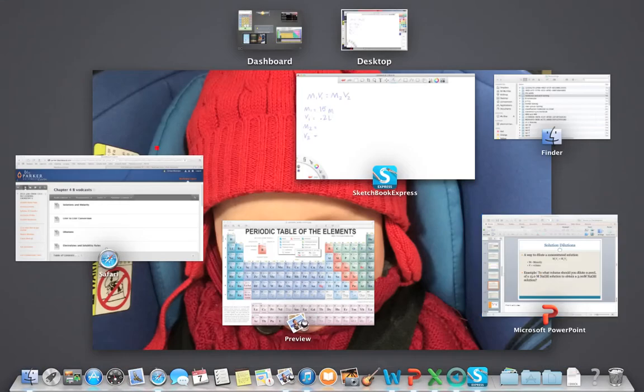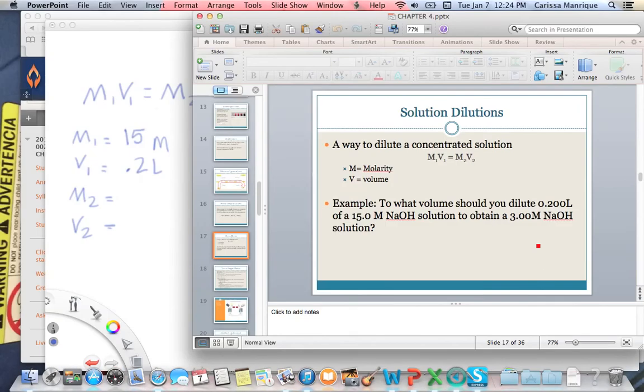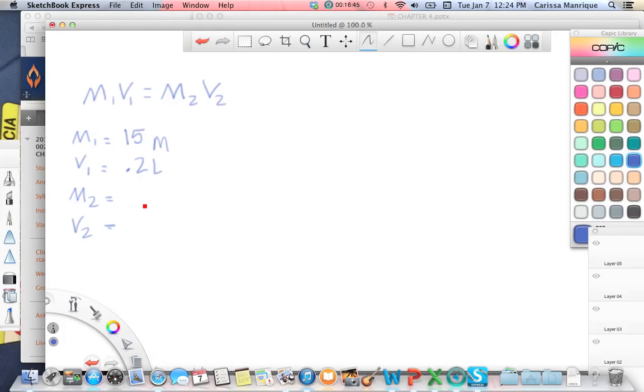Okay, and I want to get it to 3 molar. Okay, now how much more do I need to add? Okay, so I want to get it to 3 molar. And so V2 is basically how much are you adding? I don't know. So let's put this in. So M1 is 15.